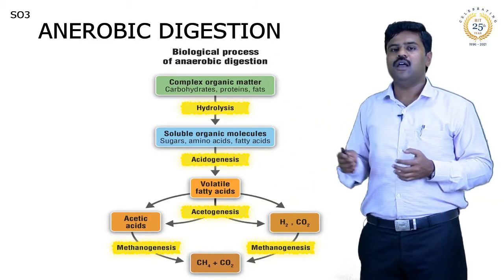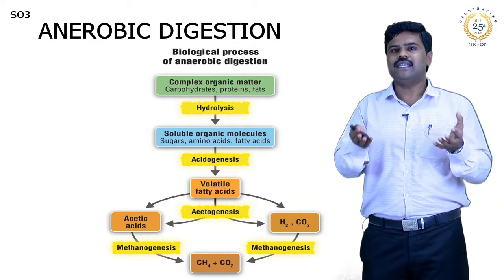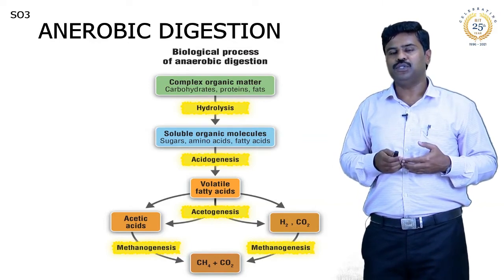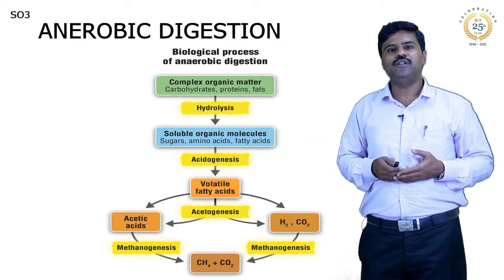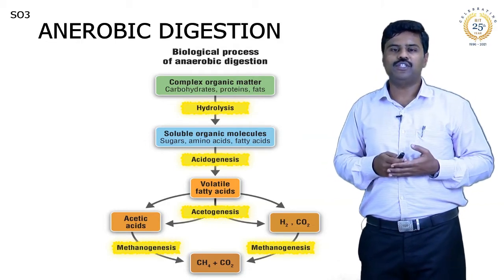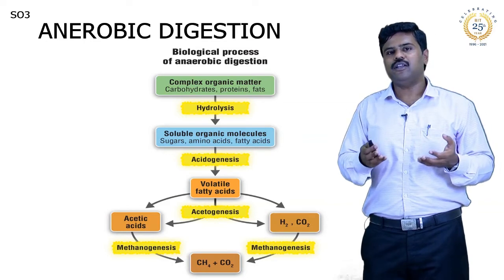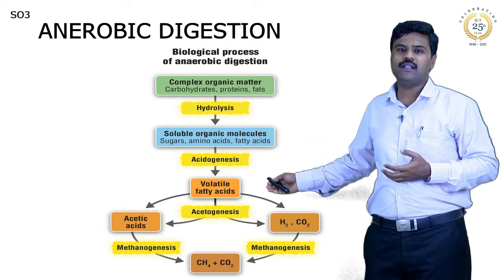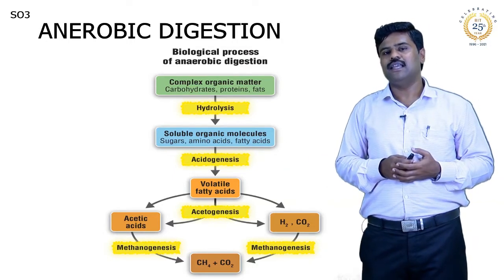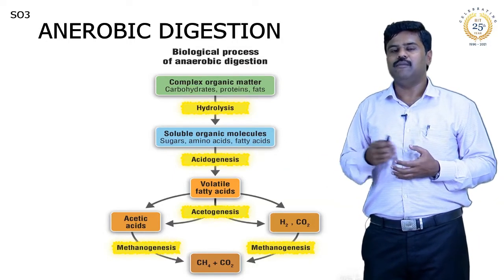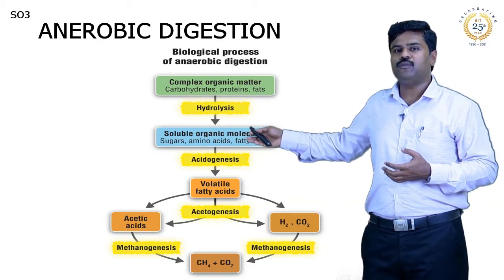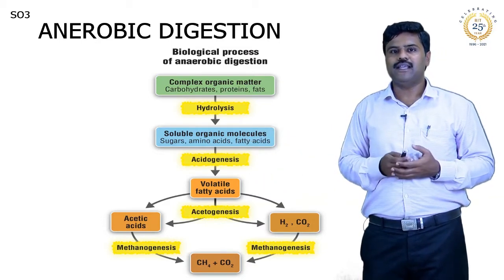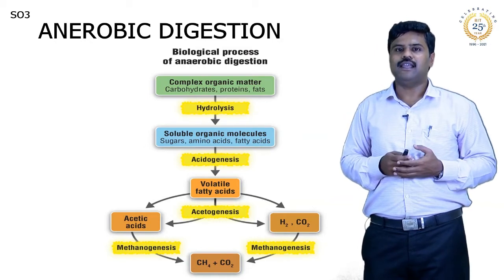In the hydrolysis, all the complex polymers get converted into monomers. The carbohydrates are converted into sugars, fats are converted into fatty acids, and proteins are converted into amino acids. Once you get all the monomers, these monomers will be consumed by another group of bacteria called acidogenic bacteria, in a process called acidogenesis, and because of this process, all your monomers will get converted into volatile fatty acids like propionic acid, butyric acid and valeric acid.